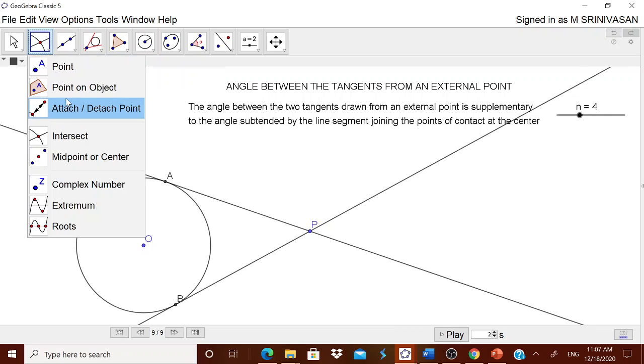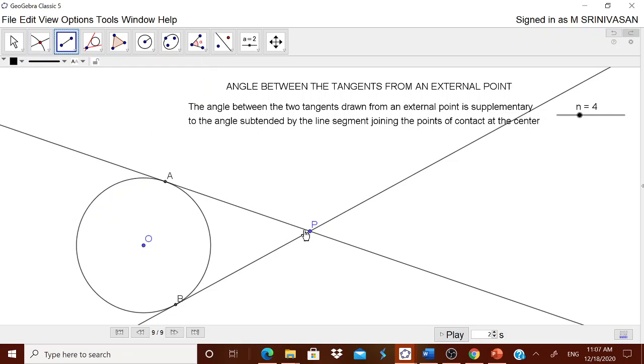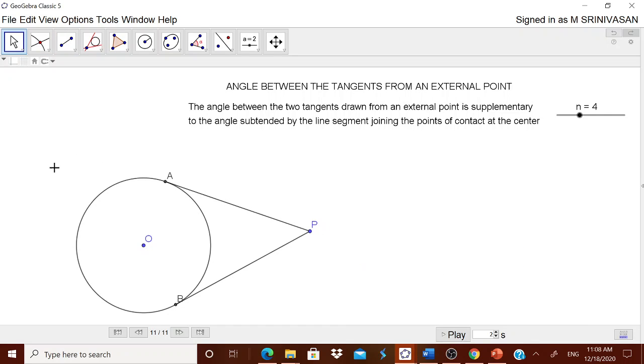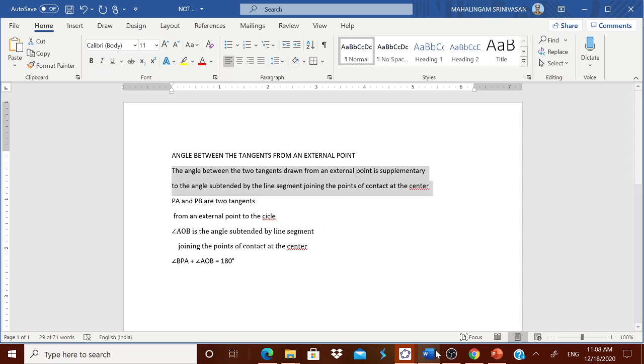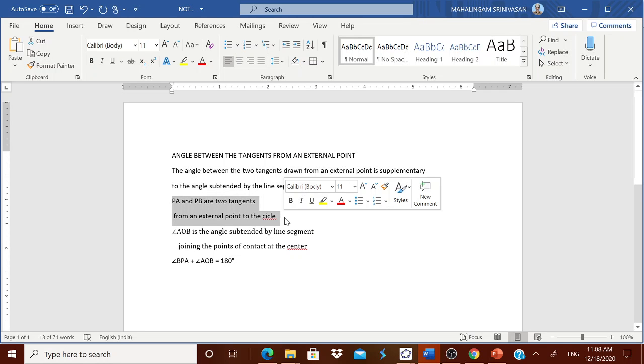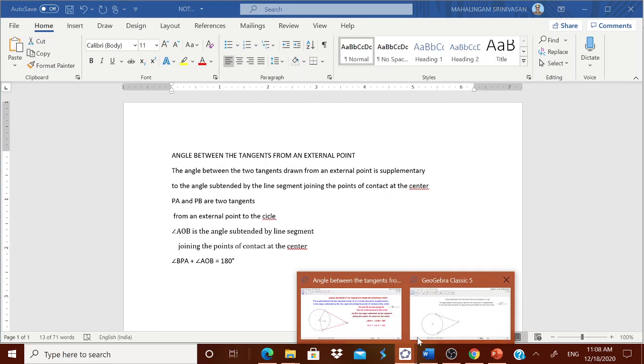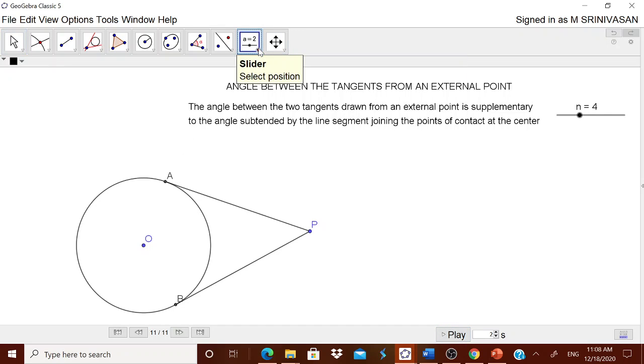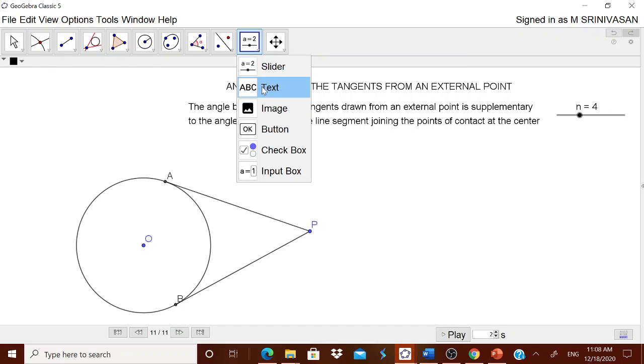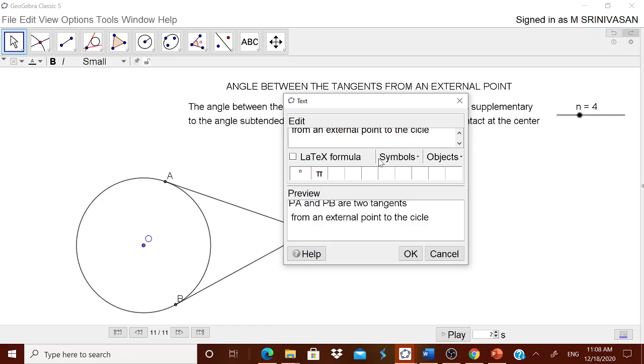Now let us go for these tangents for our convenience. Let us try to join this segment. PA we will have, then we will have PB. Okay. Now we will hide these two tangent lines. Okay. Now we will declare it in the class that PA and PB are the two tangents we have drawn from an external point to the circle.